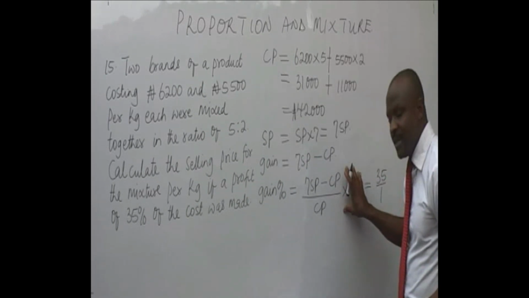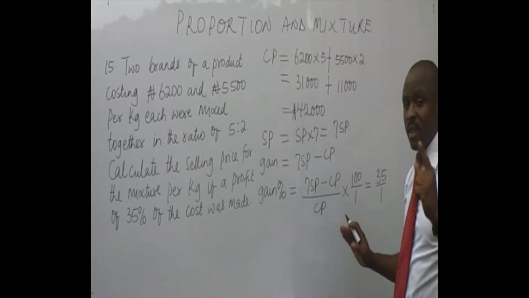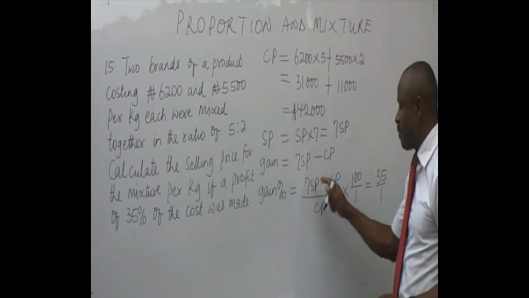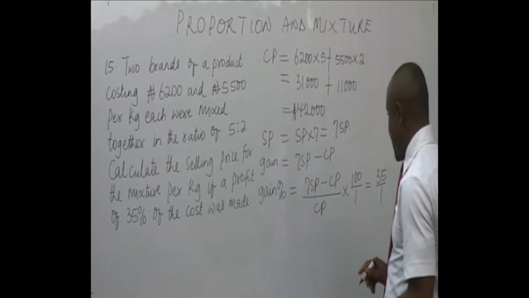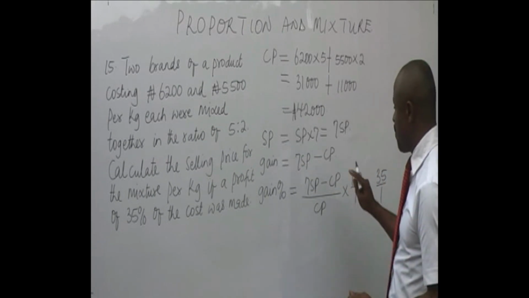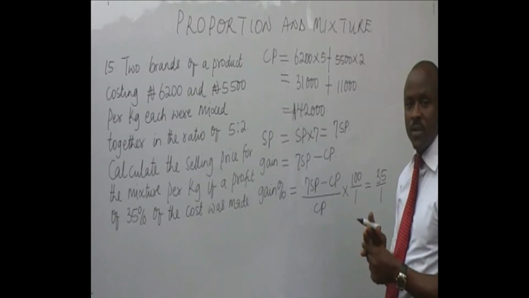If you finish this arithmetic, from there you are going to extract the value of our selling price. So what we're going to do now is substitute the values of our cost price into this expression.